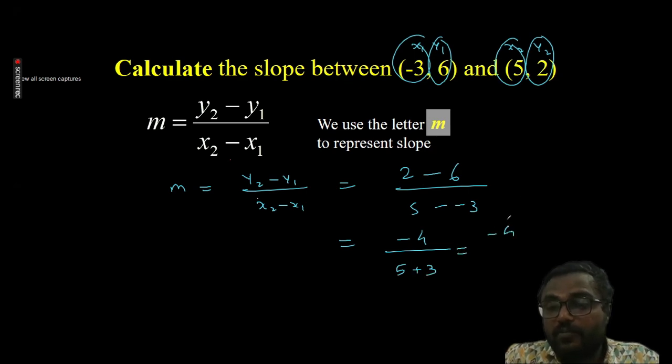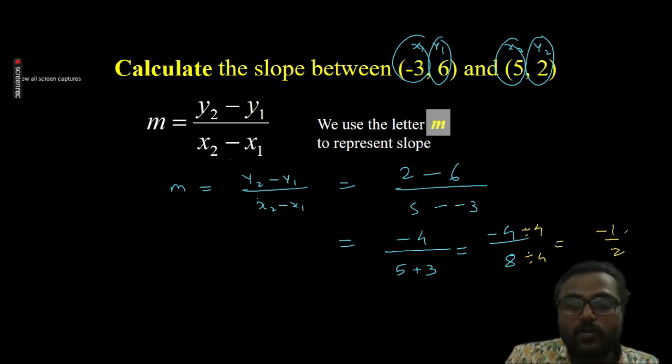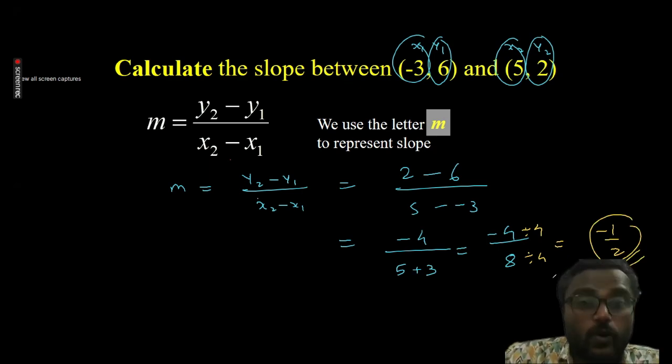So what do we have? Negative 4 over 8. Now, this 4 and 8 can be divided by 4. So I'll divide both the numerator and denominator by 4. What would I get? Negative 1 over 2, which is nothing but our slope.